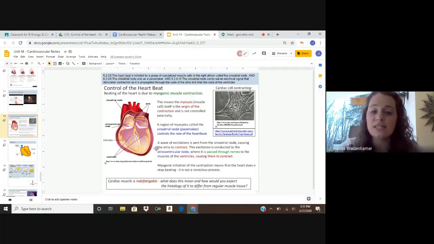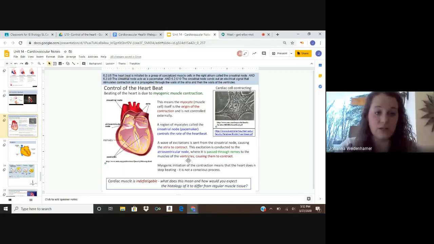This excitation is conducted to the atrioventricular node. Now, the atrioventricular node, looking at the image, is going to be this yellow circle here. This AV node is going to get the signal from the SA node that got sent out to the atria. So let's keep reading. Now that we have our atrioventricular node, that is going to allow electrical signals to pass through nerves to the muscles of the ventricles, causing them to contract.